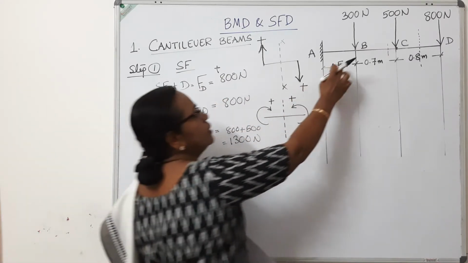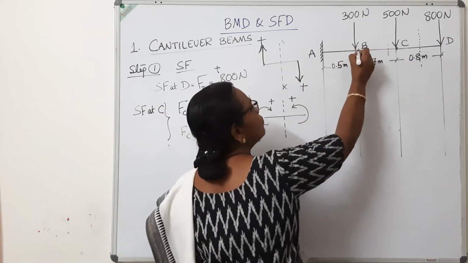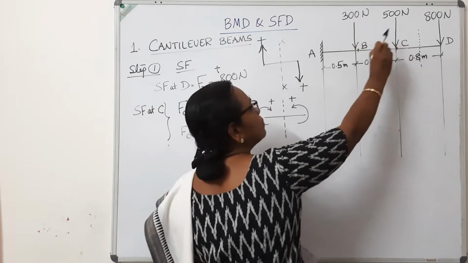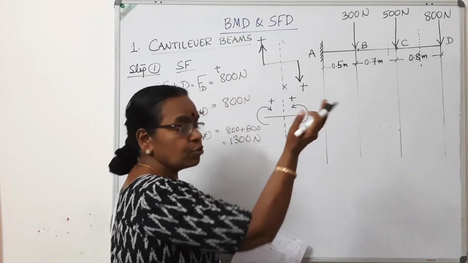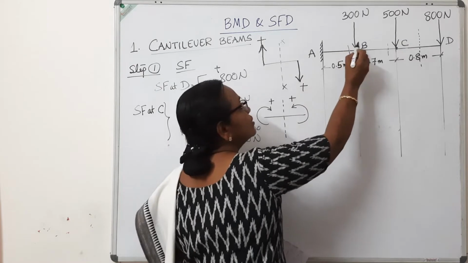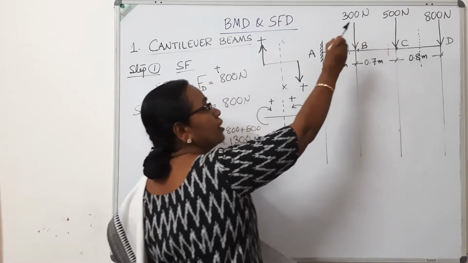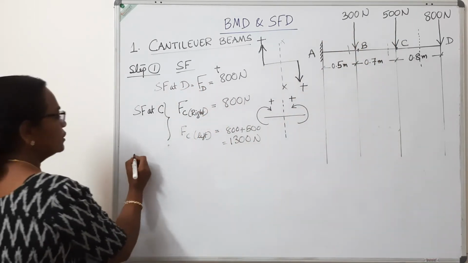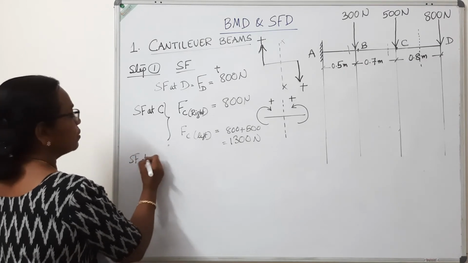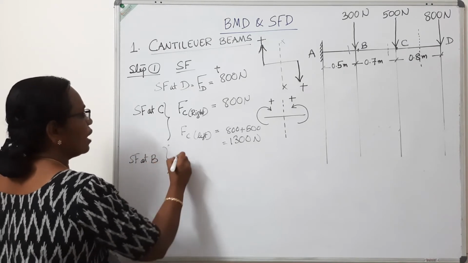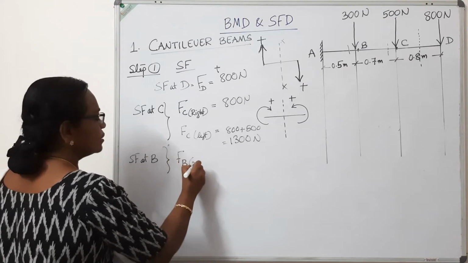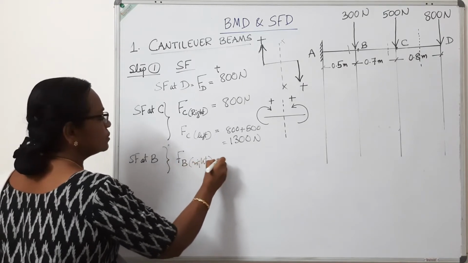Come to the point B. Just to the right of B, there are 800 plus 500, 1300. But when we move this side, the force will become 800 plus 500 plus 300. So, shear force at B, I have to write FB right.